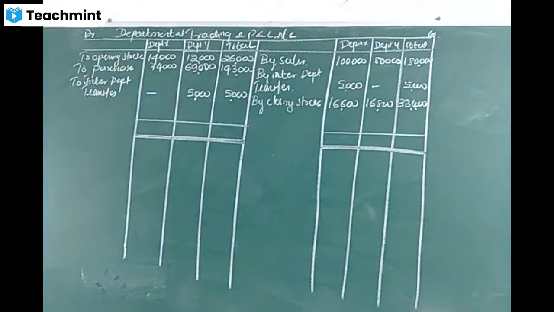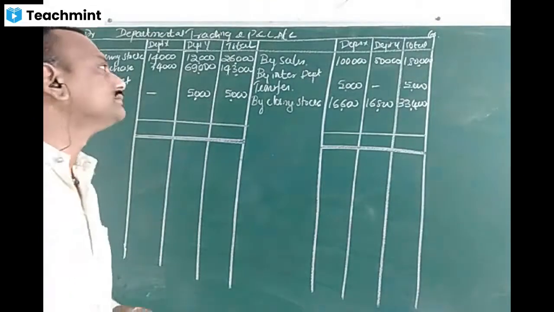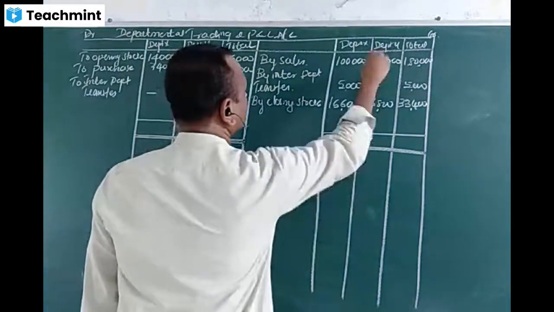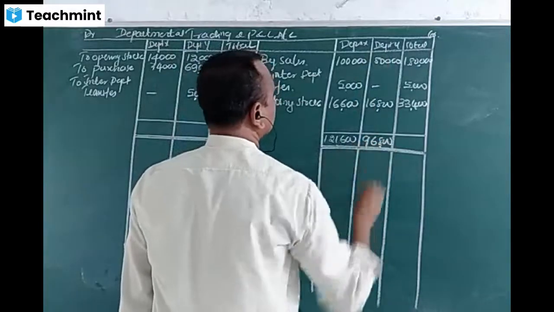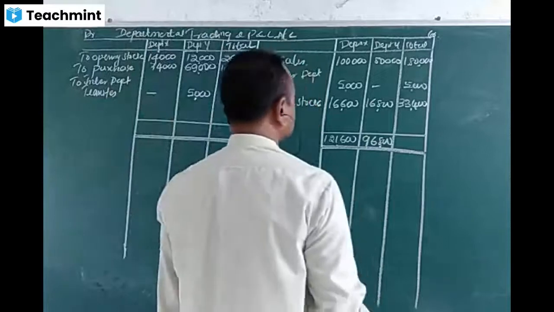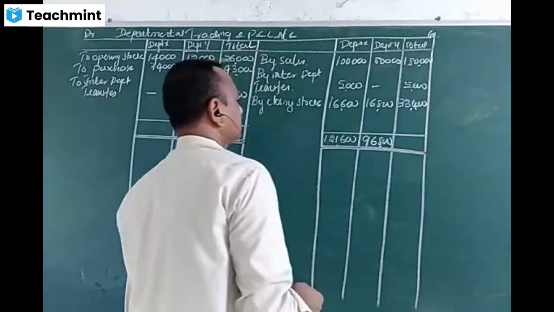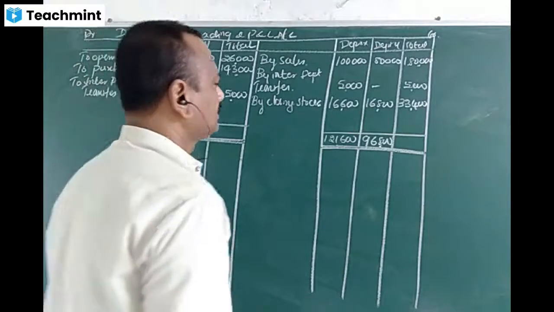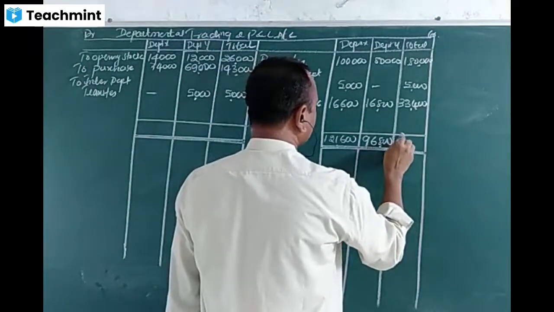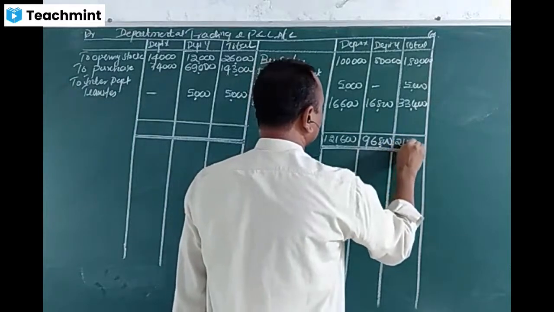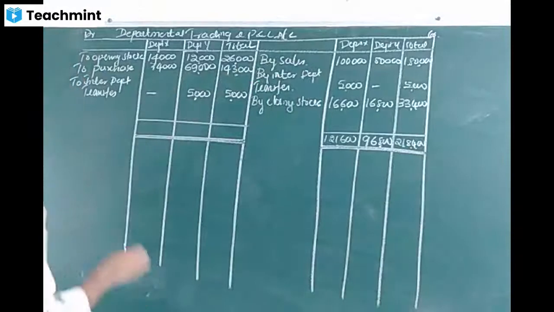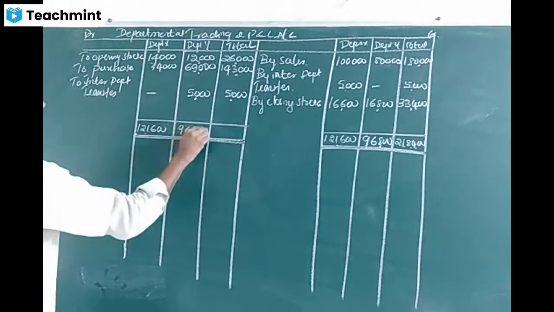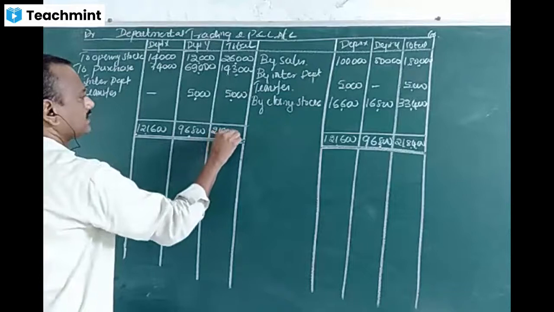Total the credit side: 1,21,600, 96,800, 2,18,400.